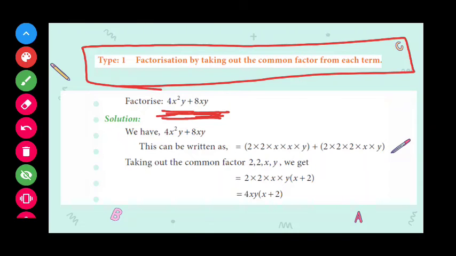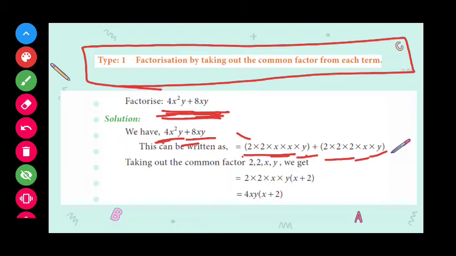We can write 4x square y as 2 into 2, x square can be written as x into x, and y is y itself. Same way 8xy, 8 can be written as 2 into 2 into 2, x is x itself, y is y itself. By seeing this, what terms can we take out in common?